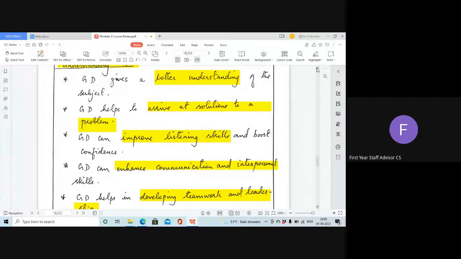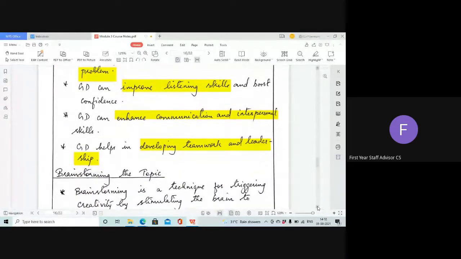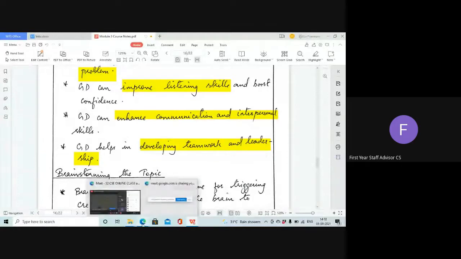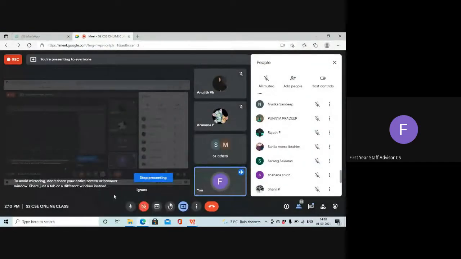Then it can enhance your communication and interpersonal skills, how you communicate with other people, that is interpersonal skills. And also it helps in developing teamwork and leadership. So the one who is able to communicate quickly and the one who is able to lead others becomes a leader. Okay, so these are the important advantages of participating in GD.